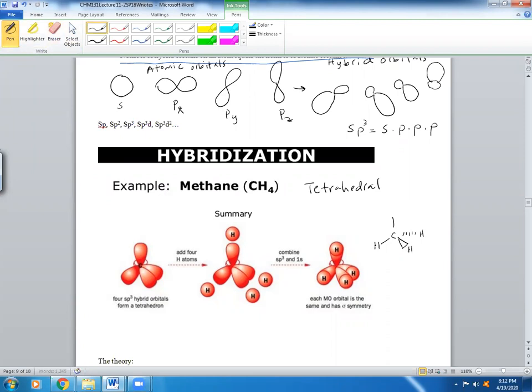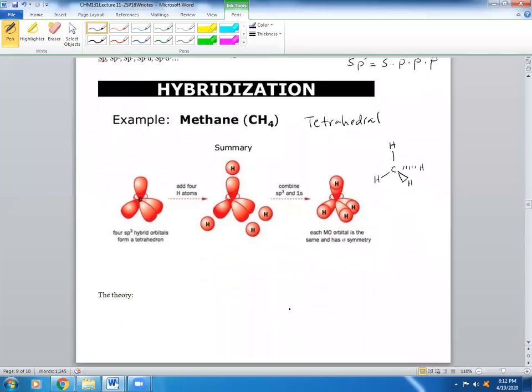But no single chemist says that those lines are literal. They are good representations on our scale, but the actual one would look more like the hybridized orbitals right here.